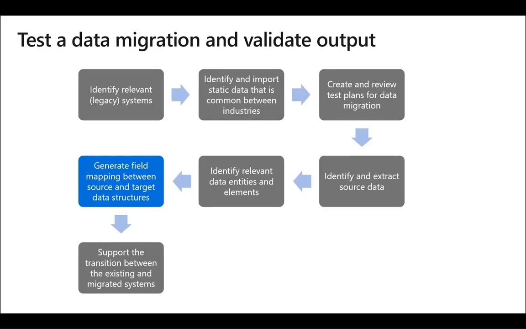In the configure data source tile, we can create and modify sources of data for migration. If we have identified data sources and their relevant entities, we can use different types of data sources depending on the format exported from the external system, some of which are legacy systems.